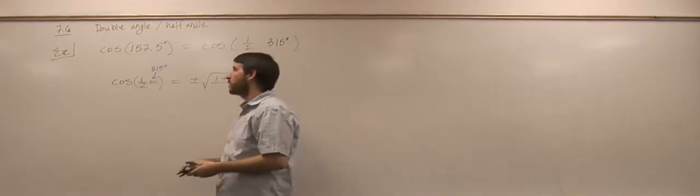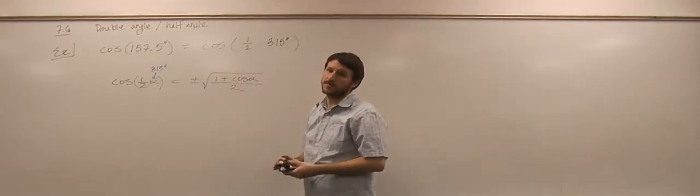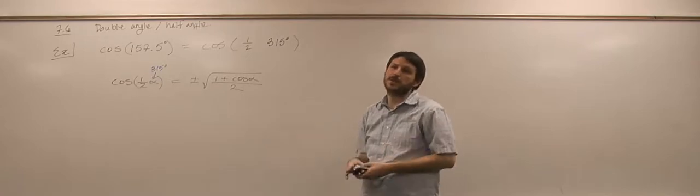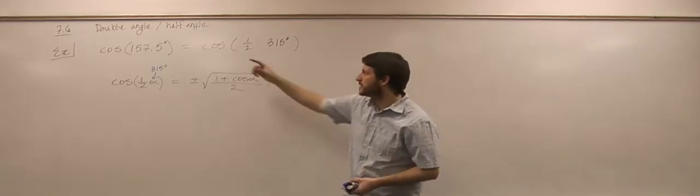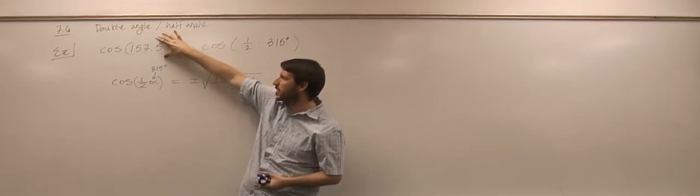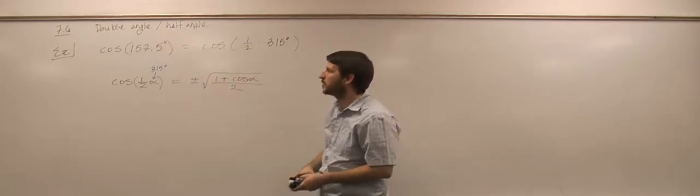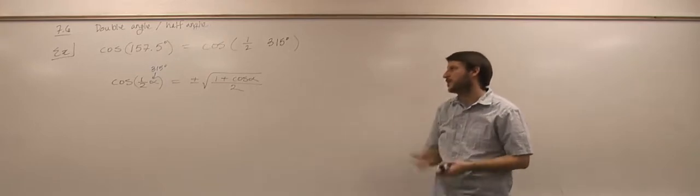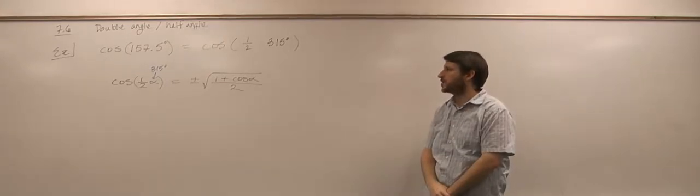You can use a half angle formula to do 15 degrees as well, instead of a sum or difference, you can do either one. But this is a new angle that we've never been able to calculate, even with double angle, angle addition and angle subtraction. We haven't been able to calculate cosine of 157.5. So this is just a new angle we know the cosine of.